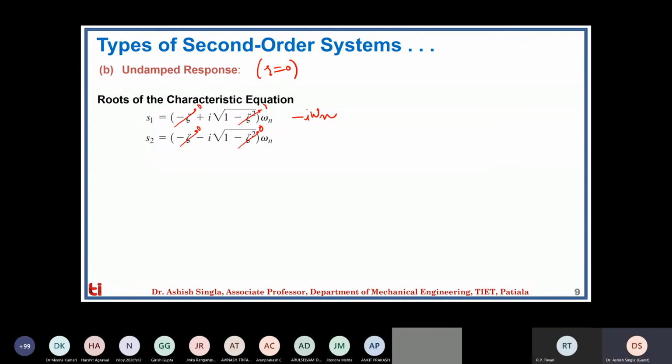What's the nature of the roots? If we see, the original roots were s1,2 equal to minus zeta omega n plus minus iota omega d. So the nature of the roots is purely imaginary. So roots are purely imaginary, plus minus iota omega n being the roots.